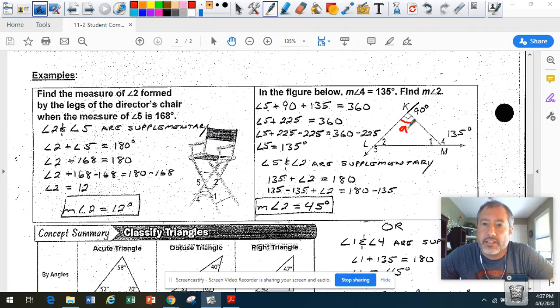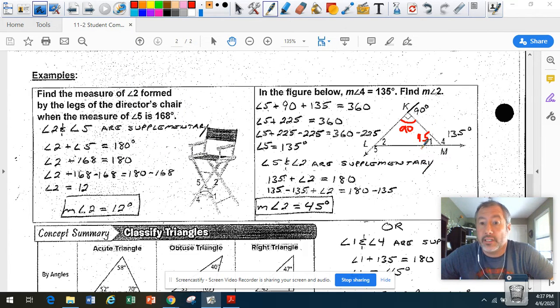And I know that angle 4 is 135 degrees. It is supplementary to angle 1 here, so if this is 135 degrees, this has to be 45 degrees.